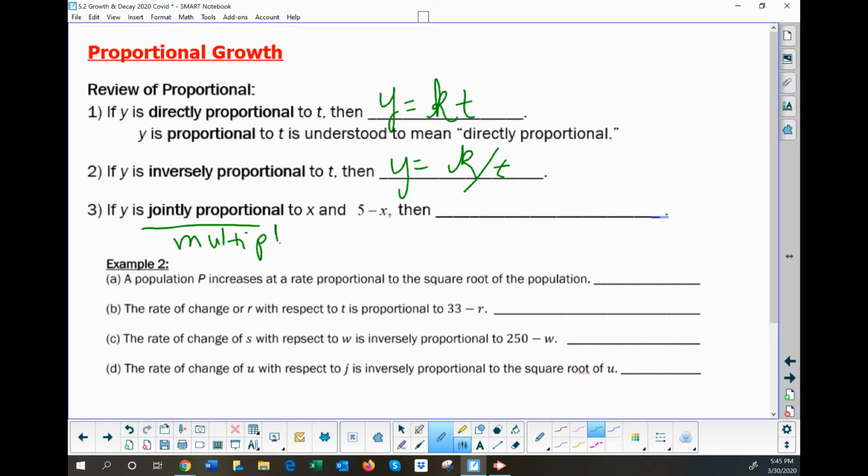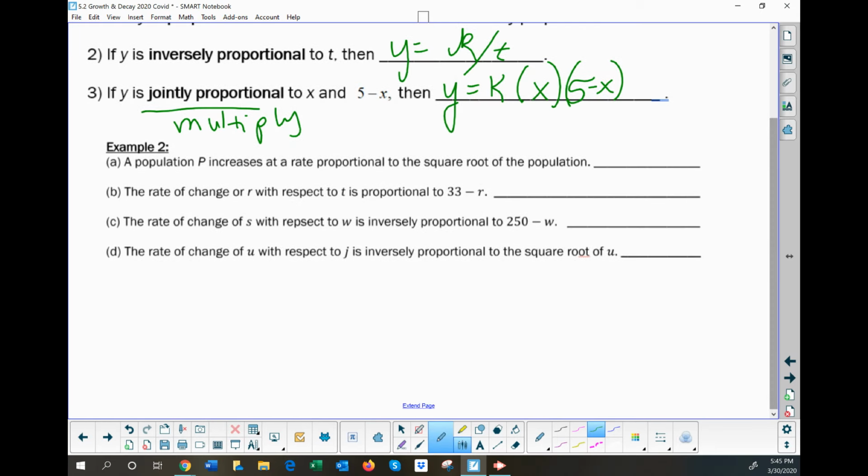This one says, if y is jointly proportional to x and 5 minus x, then y would equal k times x times 5 minus x. Okay, so that was just a quick review on what those words meant: proportional, direct proportionality, inverse, and jointly.